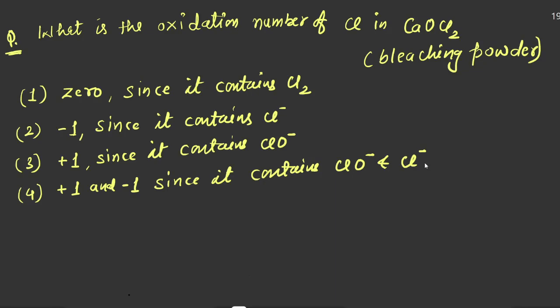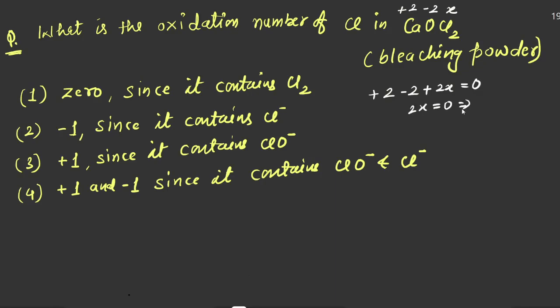Okay, so see, question is, what is the oxidation number of chlorine in CaOCl2? So first of all, if we calculate its average oxidation number, calcium is +2, oxygen is -2, take chlorine as x, so it is +2 -2 plus 2x equal to 0.